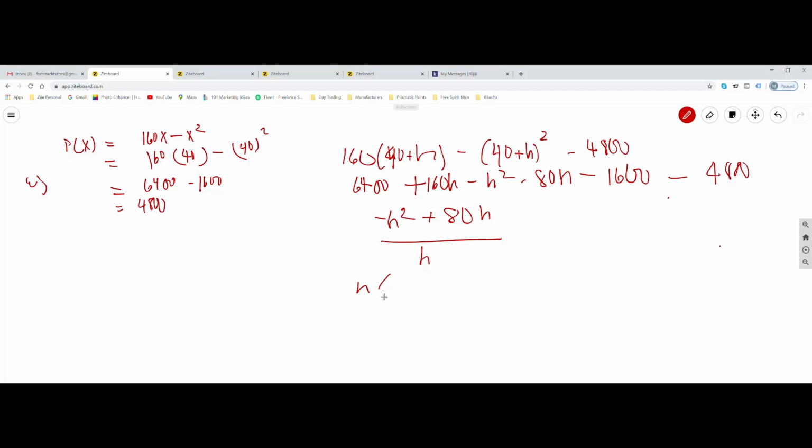Take out h, you're left with negative h plus 80, and if you substitute h as 0, you have 80.